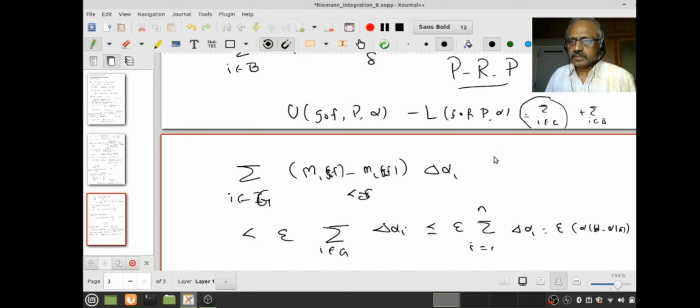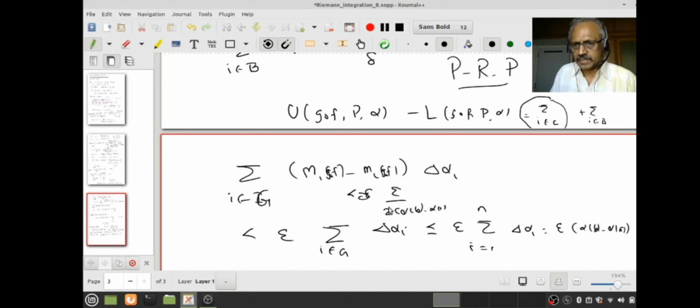Here I said mod Mi of g composite of minus small mi of g composite of is less than epsilon, but I should write epsilon by 2 times alpha b minus alpha a. So when I sum over, alpha b minus alpha a will cancel, and I will get epsilon by 2.